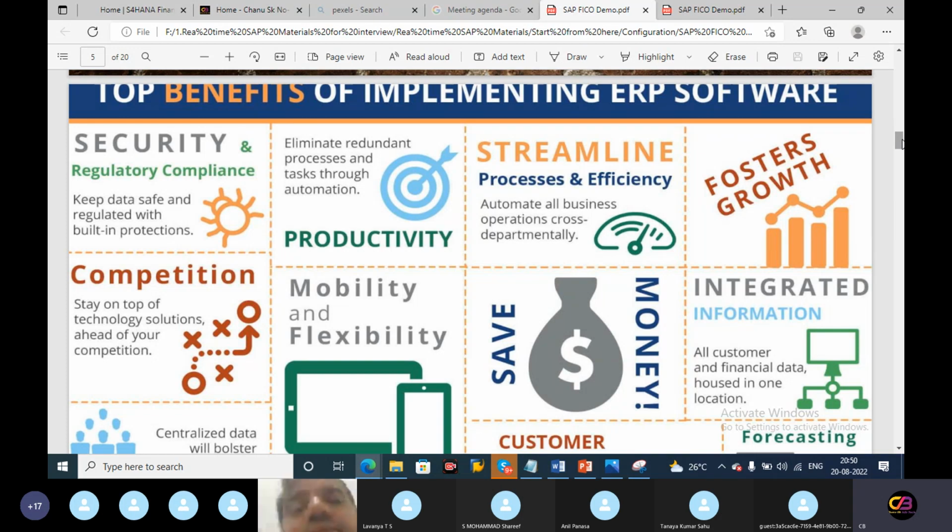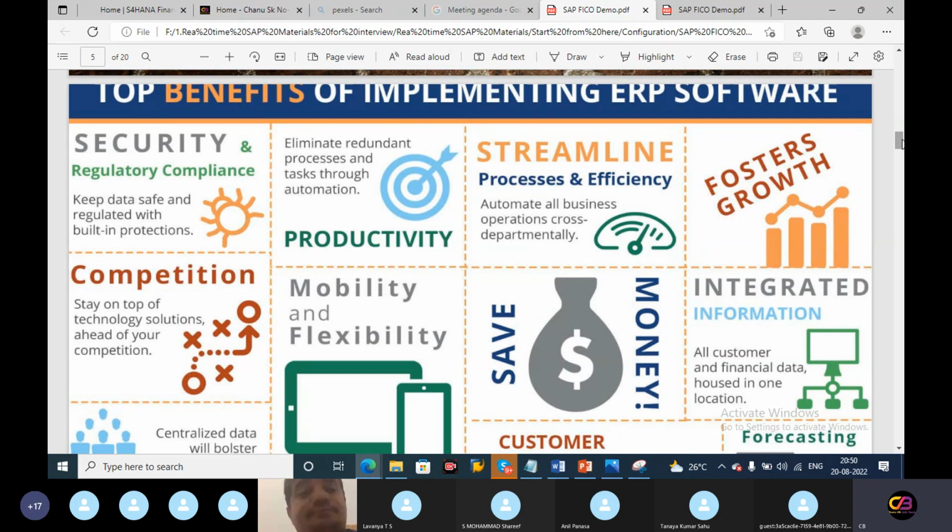If a product does not save your money and cost, there is no use of learning that tool, and no use of keeping that product in our company, right? SAP is one kind of business product, one kind of software.